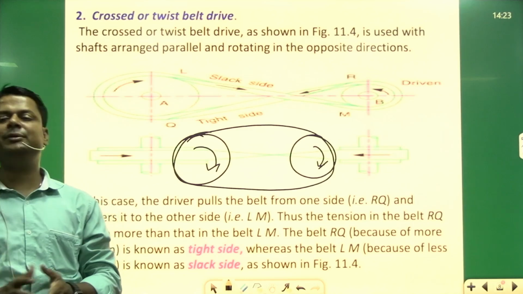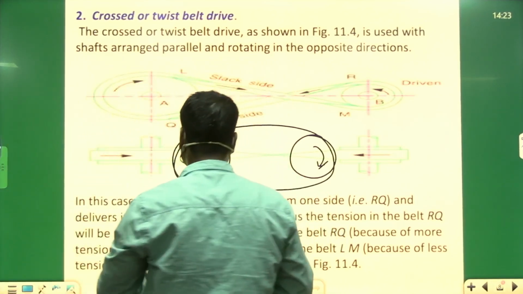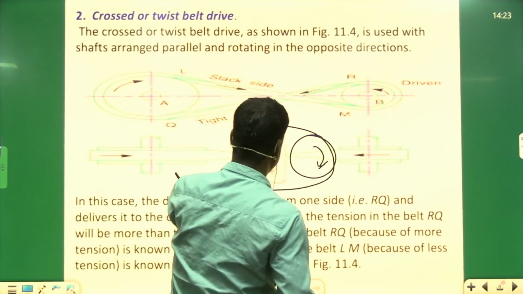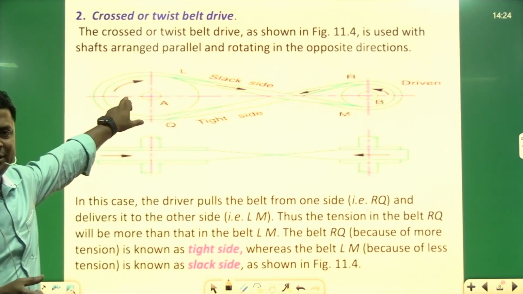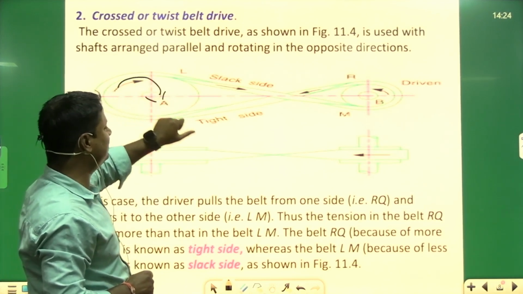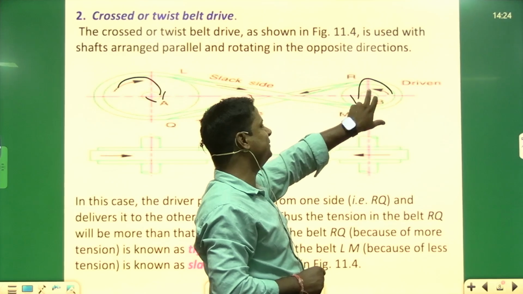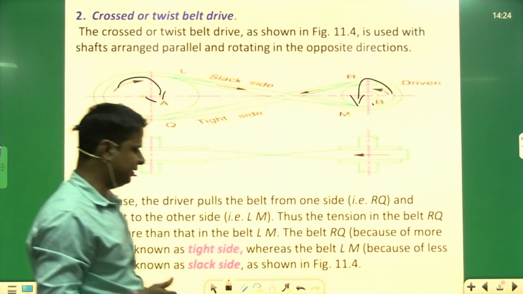In that case what will we do? Anyone from the class? Okay, good. We arrange it as a cross belt drive. Look here. Now the motion is in the opposite direction, meaning gear A is moving here, gear B is moving here. Is it clear? Now move forward.